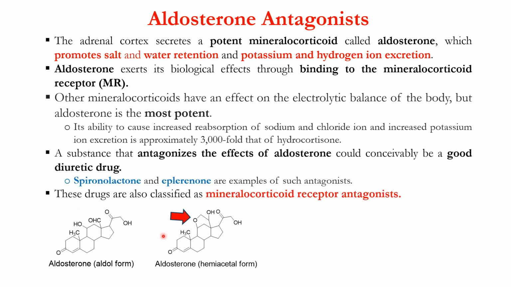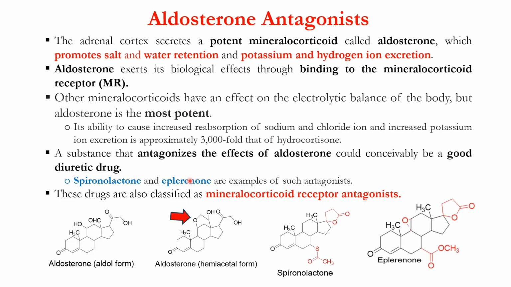So a substance that can antagonize the action of aldosterone is considered a good diuretic drug. For example, spironolactone and eplerenone are very good examples that can antagonize the action of aldosterone. These drugs can also be named mineralocorticoid receptor antagonists.